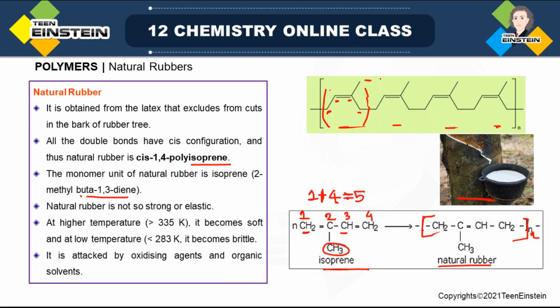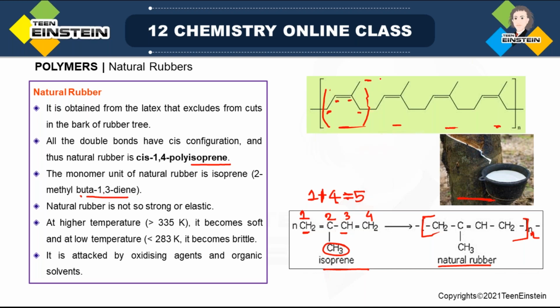Some more information. Natural rubber is not so strong or elastic. Now, as it is only carbon and hydrogen, I mean it is a hydrocarbon, there are no electronegative groups present like oxygen, nitrogen. These are not present. No polar groups are present like NH2, OH. So you cannot expect dipole-dipole type of interaction, that is any polarity generation is not possible in this molecule because it is simply a hydrocarbon.